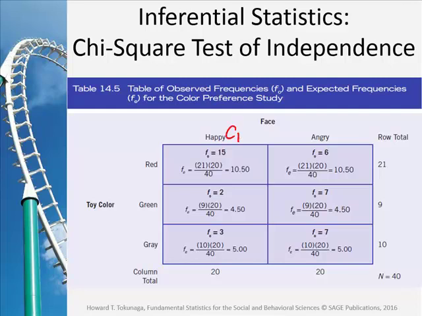This is column 1. This is column 2. This is row 1, row 2, row 3. What cell is this first one in terms of rows and columns? This is row 1, column 1.